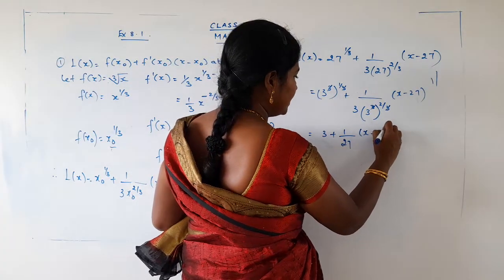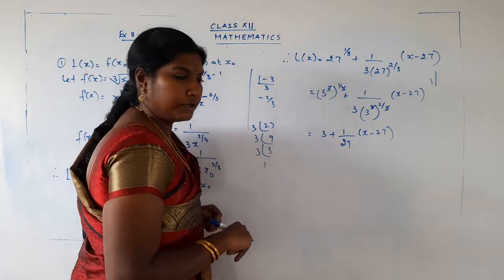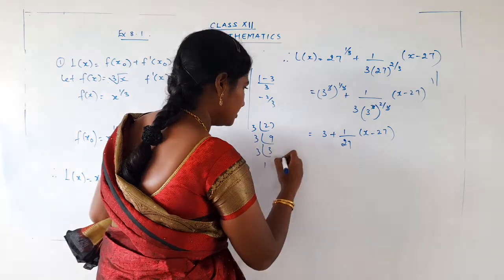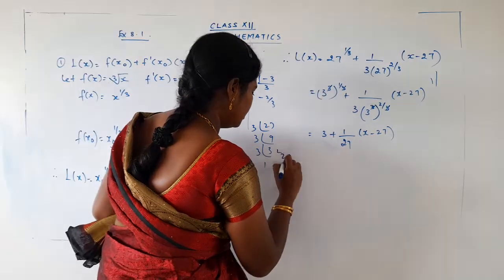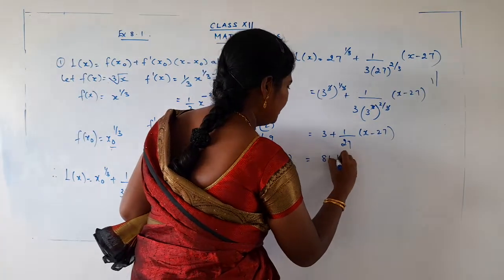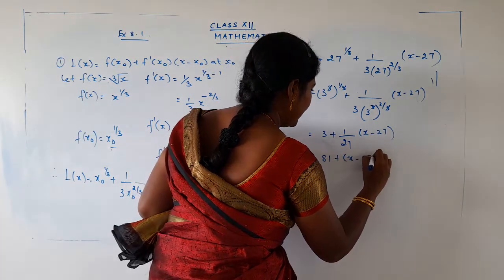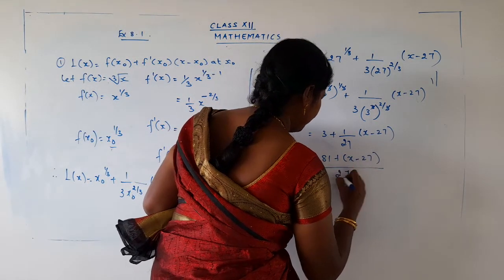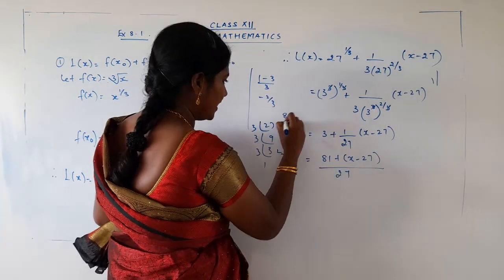Times x minus 27. Okay, so just cross multiply this. I get 3 into 27 is 81, so this is 81 plus x minus 27 upon 27. So what is 81 minus 27?